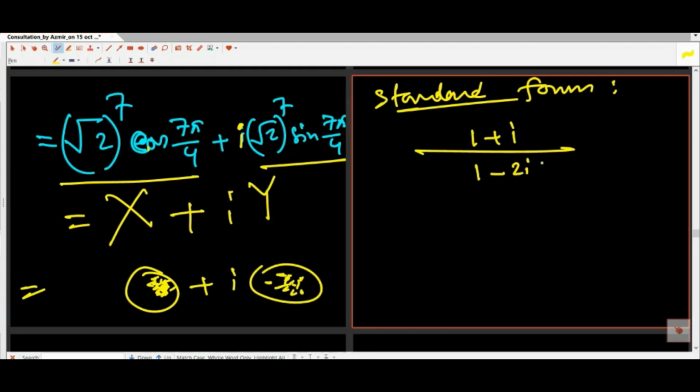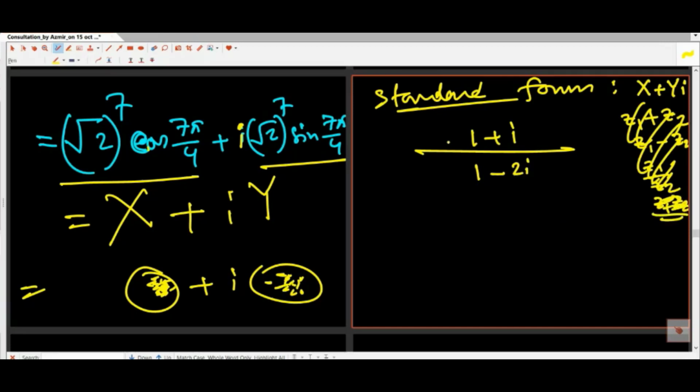Okay, so we need to find the standard form. Let's say we are looking for x plus yi form. So it is in division form. We have learned how to sum up two complex numbers z1 plus z2. We have learned how to subtract z1 minus z2. And this time we are going to learn how to divide z1 by z2. So at the same time, we will also know how to multiply z1 and z2.